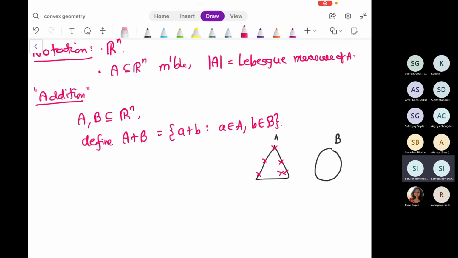So for example, in this diagram of A, I have labeled certain points and now I paste B at each point. There's a copy of B at each point. And put together, everything put together will then form A plus B. So the way of thinking about A plus B is precisely that kind of geometric pasting notion, if you like.